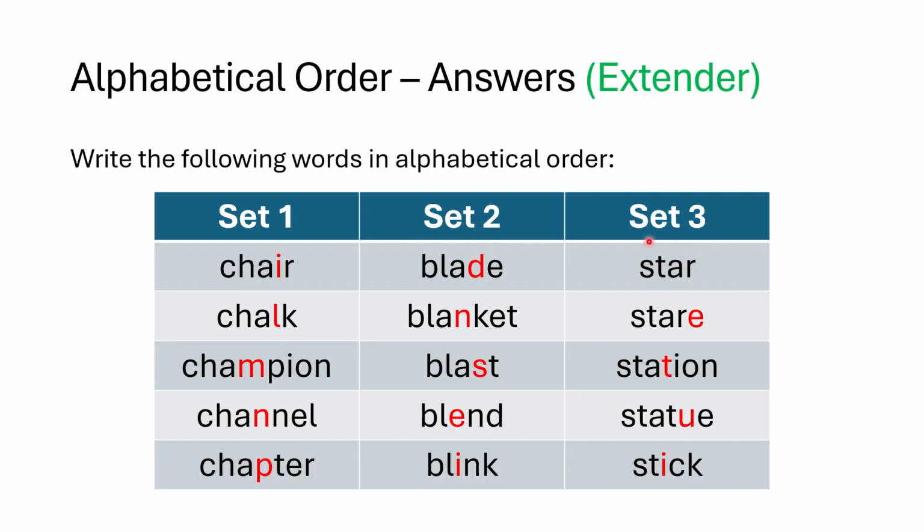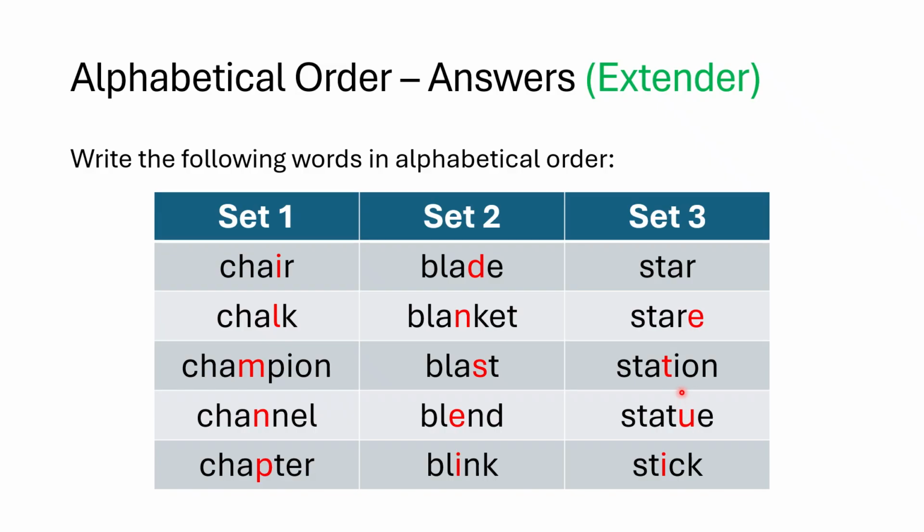Set 3, star has only 4 letters, so stare has an extra letter, E, so it is next in order. Stare and station have different fourth letters, so R comes first, then T. Station and statue have different fifth letters.